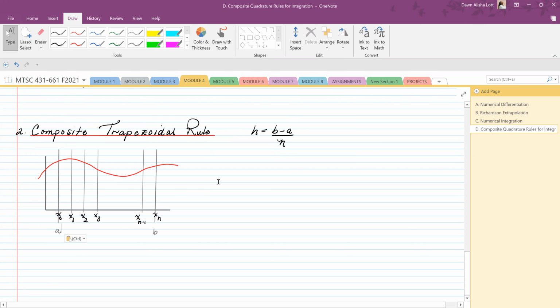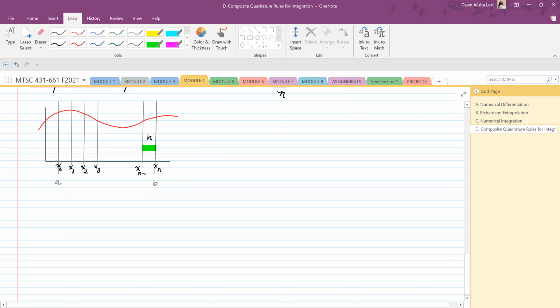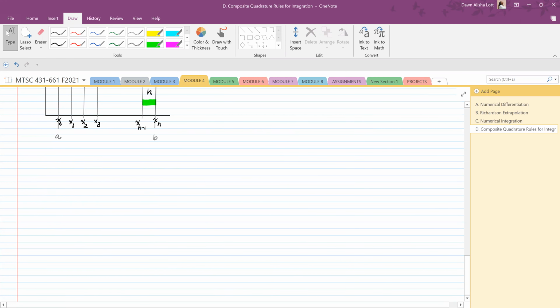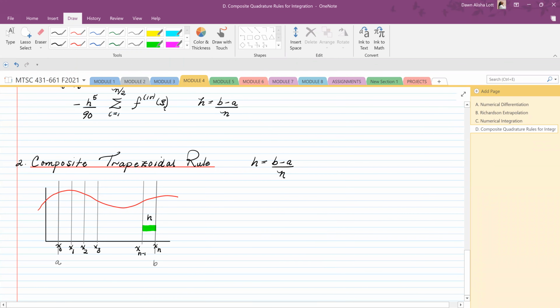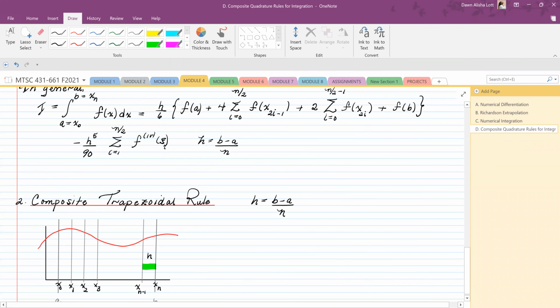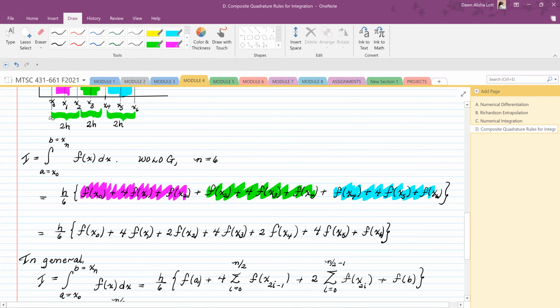Okay. So now one of these is h. So now let's say we did the same thing, but this time we only do 6. Where's the n equals 6 back here? We're going to do that picture.